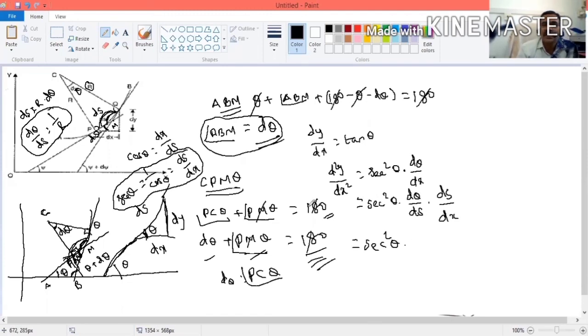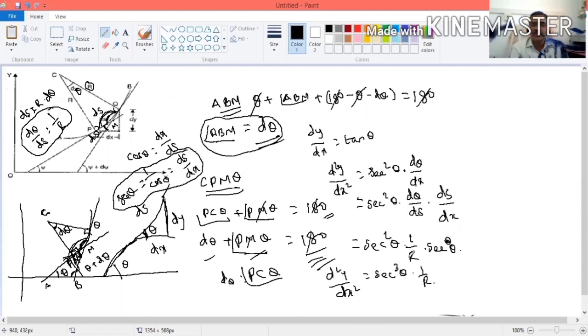What is d theta by ds? Here we have d theta by ds equal to 1 by r. What is ds by dx? ds by dx is secant theta. So now d square y by dx square is equal to secant cube theta into 1 by r.